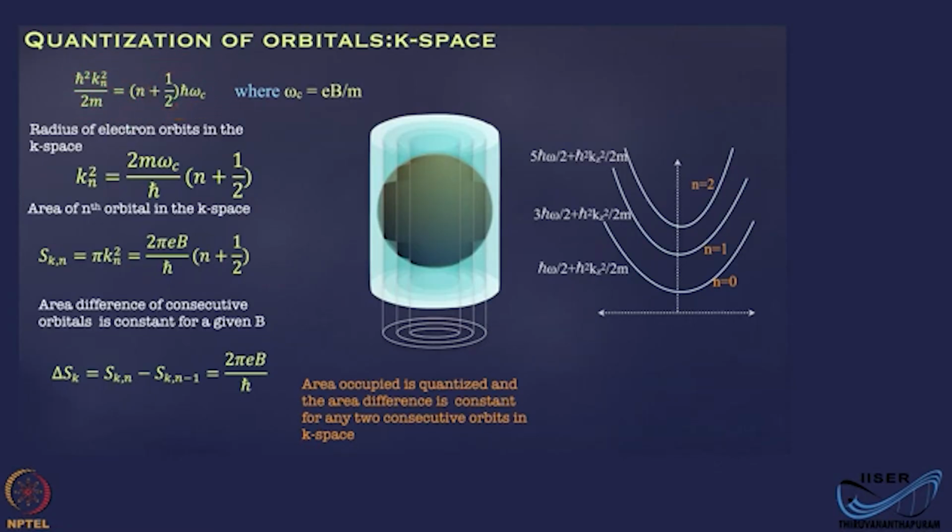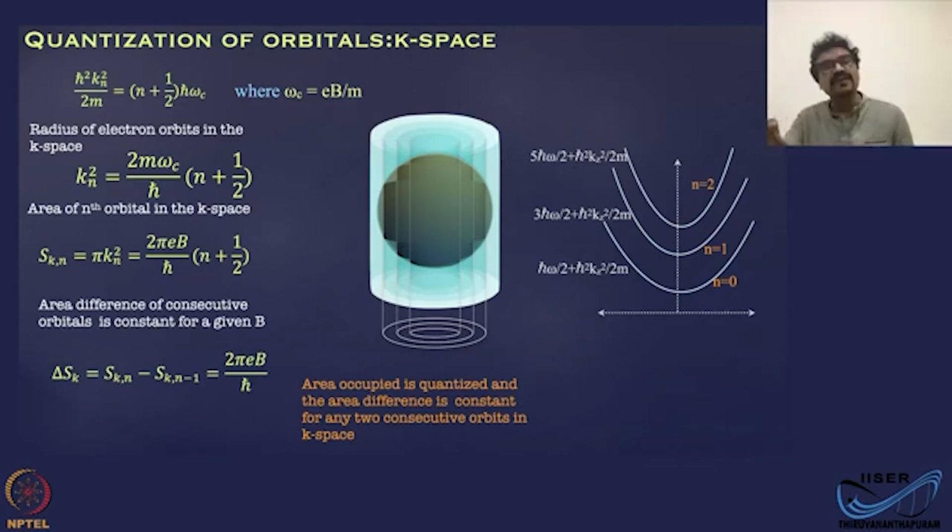This energy h bar squared kn squared by 2m is given by the energy of the harmonic oscillator for the specific level. Now, kn is nothing but knx plus kny, because kx and ky are not really well defined states the moment you apply a field; they get mixed now.